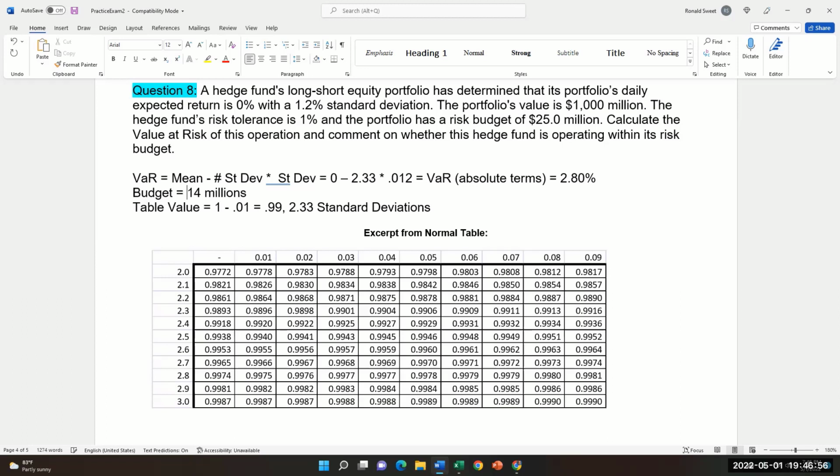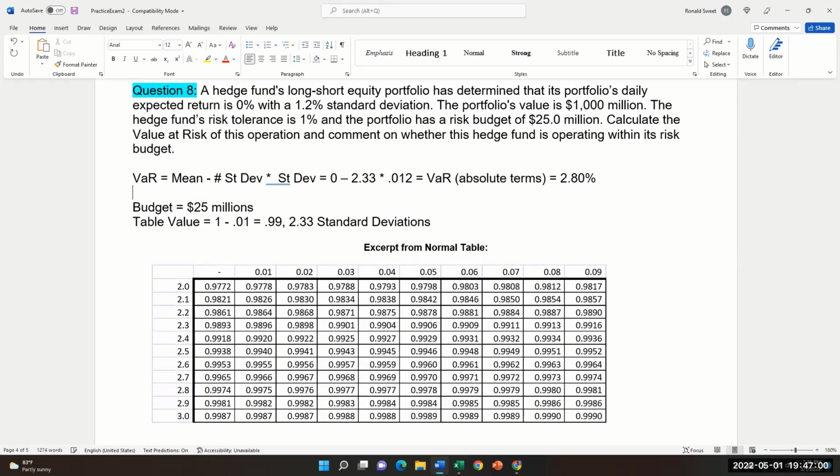So we need to convert our VAR into millions. So VAR in dollars is going to equal 0.028 times our portfolio. Our portfolio is $1 billion. So that equals 28 million.